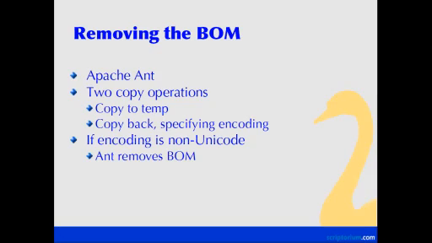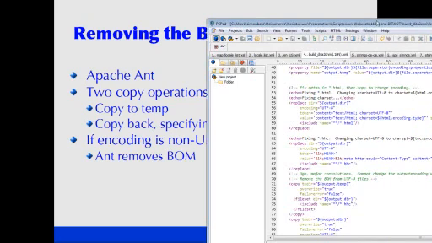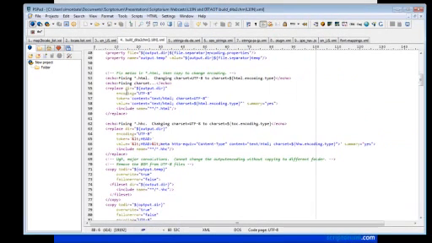I'm just looking for a file so I can show you both of these operations. So here we have our replace operation in ANT. Here we're replacing our character set. Essentially in all HTML files, what we want to do is search for the string content text HTML charset UTF-8 and then replace it with content text HTML charset HTML encoding type.